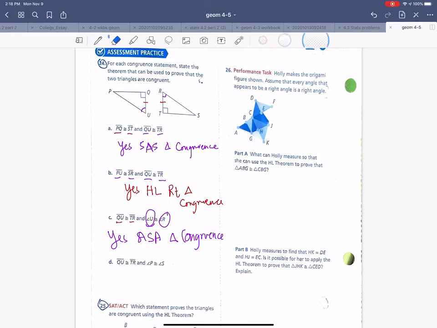Now we see that QU and TR are a match, and we're also told P is a match with S. So we look at the order of our evidence and we see angle, angle, side, angle, angle, side. So we'll say yes because angle, angle, side, triangle congruence.